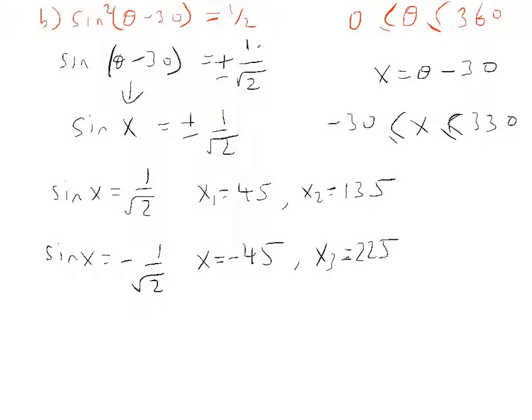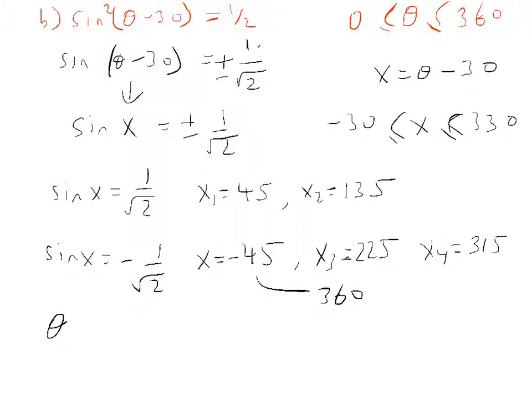And we can generate another value, which I call x4, by adding 360 to minus 45, and that will give us 315. What we now need to do is just convert back to theta, and we know x equals theta minus 30, so we know what our x's are.